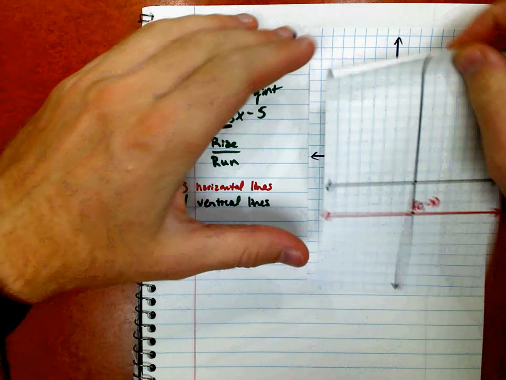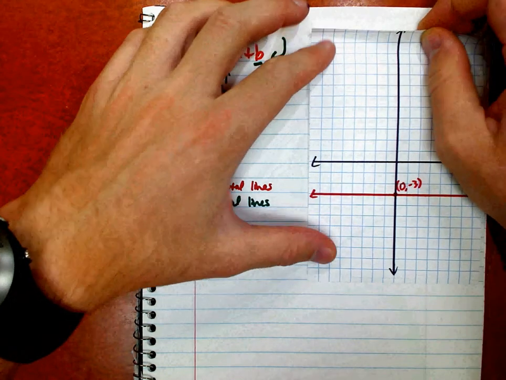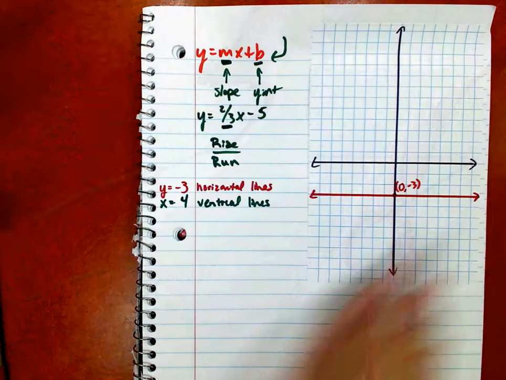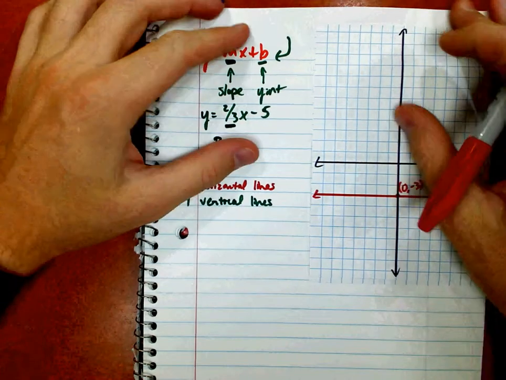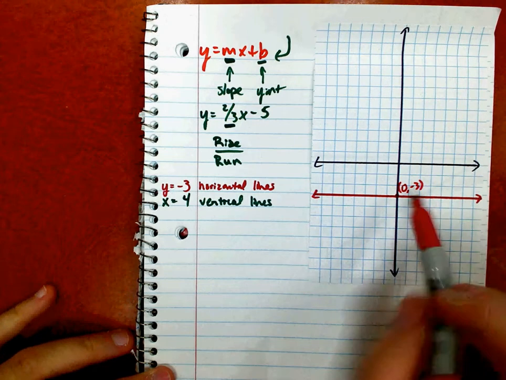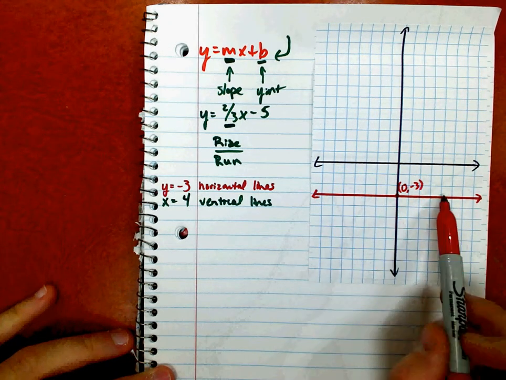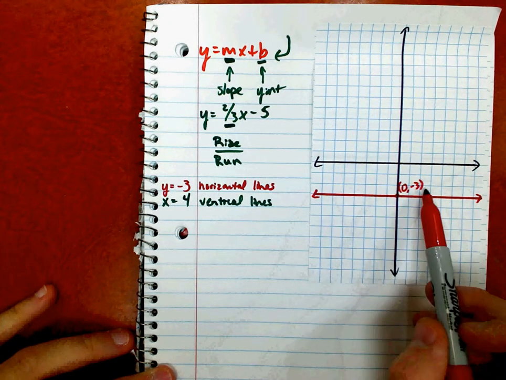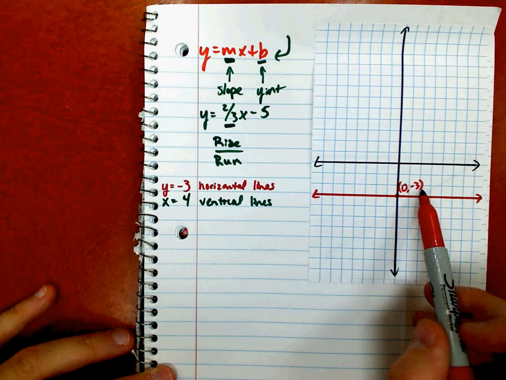Let's examine a horizontal line first. Let's look here at y equals -3. As you can see, it goes through the y-intercept of -3, but notice that every point that's on this line also has a y-coordinate of -3.